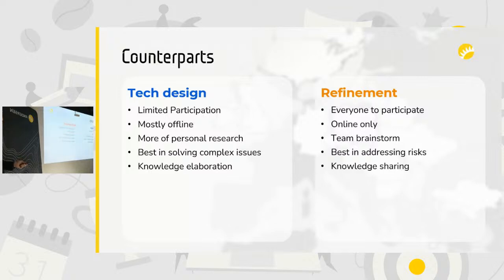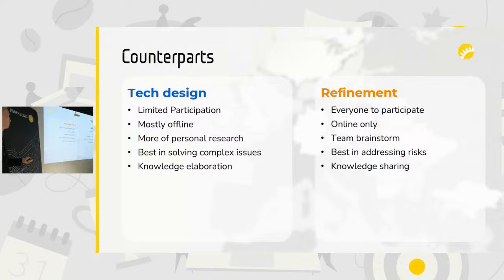While in refinement everyone participates, it's mostly offline, while refinement is online. I mean, if you get together live, it's still online. More personal and the brainstorm. This is a different thing. Because we tend to solve complex or complicated things when we spend time on solving things.